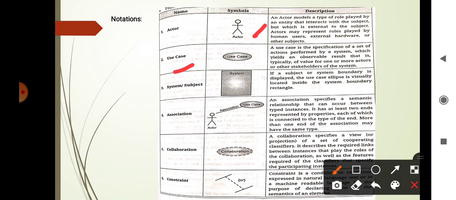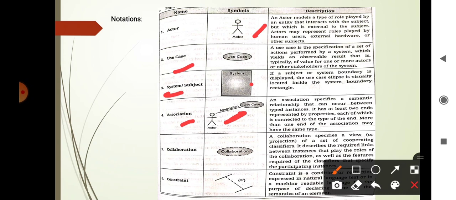A use case is a specification of a set of actions performed by the system. Then this is the symbol for the system. If the subject or system boundary is displayed, then the use case ellipse is visually located inside the system boundary, in a rectangle format. Then association: this is the association symbol between actor and use case.